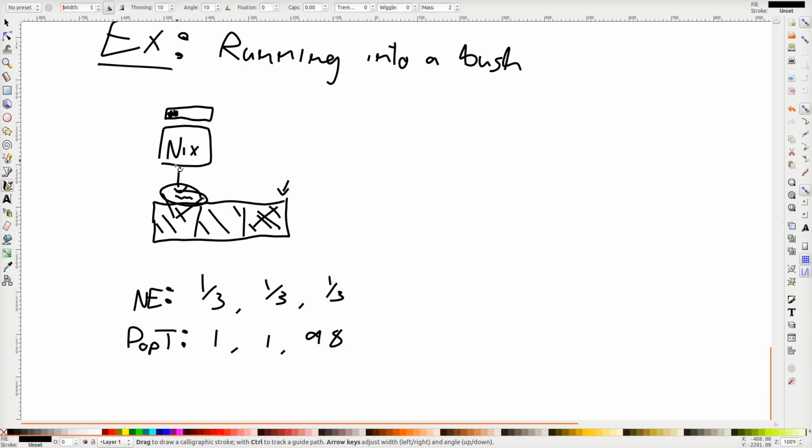If you're playing against a Nash equilibrium robot playing Atlas Reactor, they would move to each of these squares with probability 1/3, and you should shoot each with probability 1/3, because otherwise this perfect robot is going to start exploiting you, and it's going to start moving to the bush you don't shoot at. For example, if someone's really high level, they might move into this bush and then not move their full move, and then you're going to shoot here, and you're going to miss, and you had no chance of hitting them instead of a 1/3 chance of hitting them.